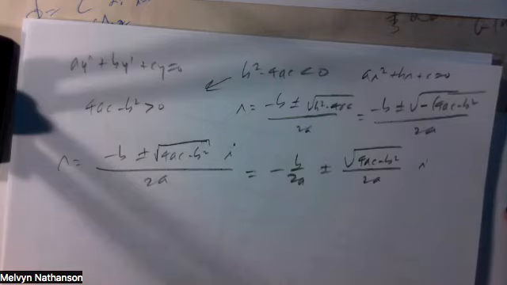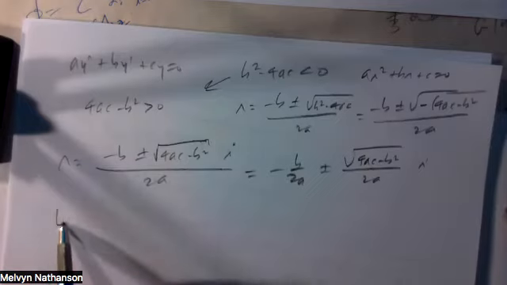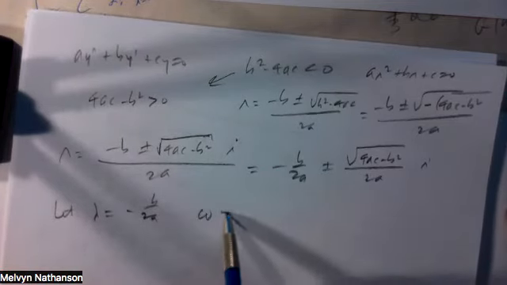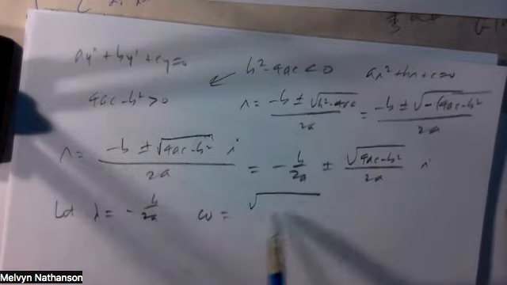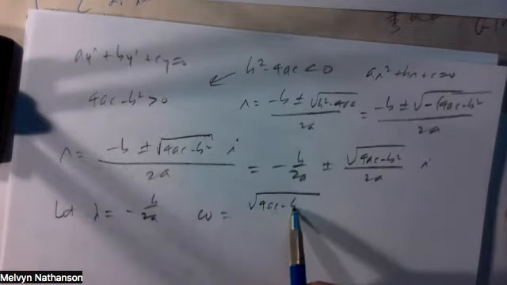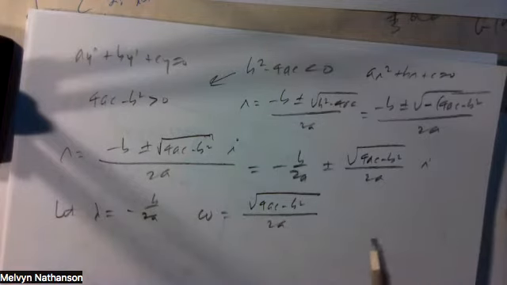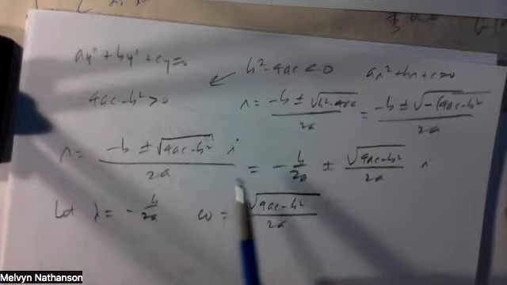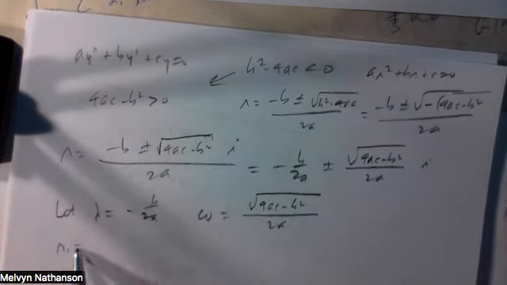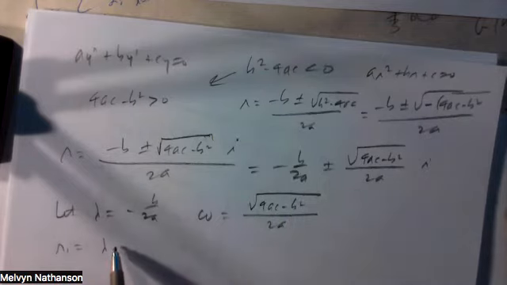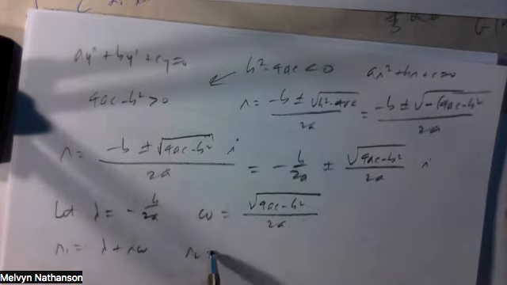And to follow the notation in the text, suppose we let lambda be minus b over 2a and omega be the square root of 4ac minus b squared over 2a. So the roots of my equation are r1 equals lambda plus i omega, and r2 is lambda minus i omega.